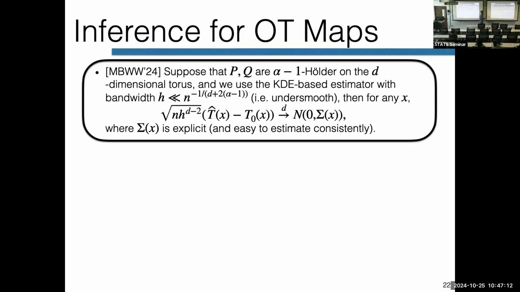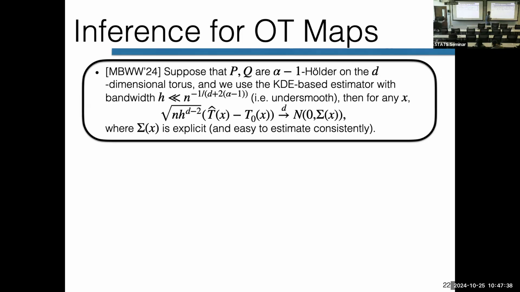If you think about non-parametric regression and you wanted to construct a confidence interval, you would need to do something called undersmoothing. If you balance bias and variance, you're in some trouble because you can get some handle on the variance, but the bias can be quite large. So in non-parametric regression, in order to construct a confidence interval, you need to take a bandwidth slightly smaller than the optimal bandwidth so that the variance dominates, and then you can construct a confidence band.